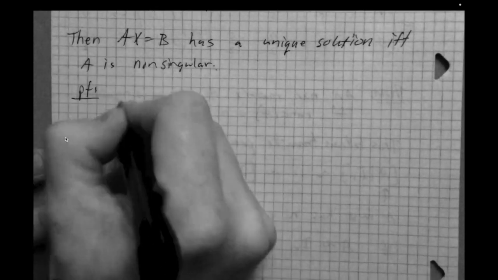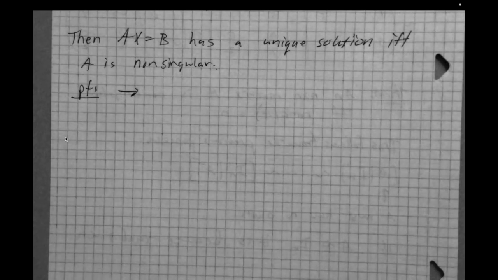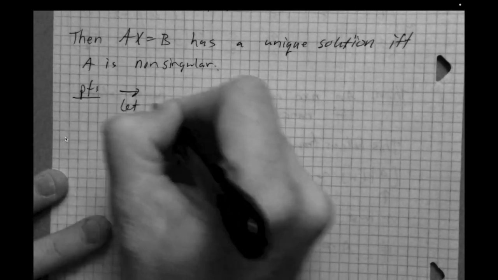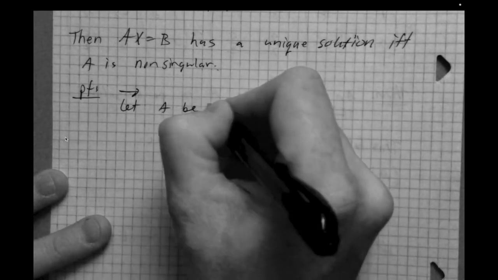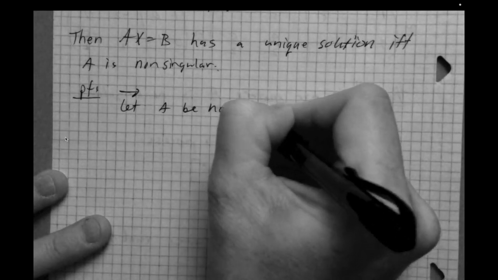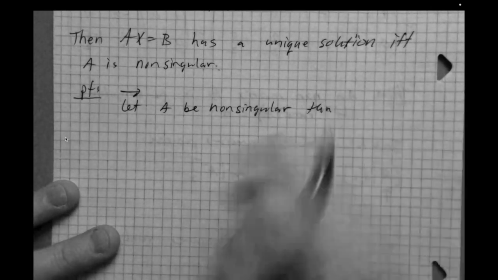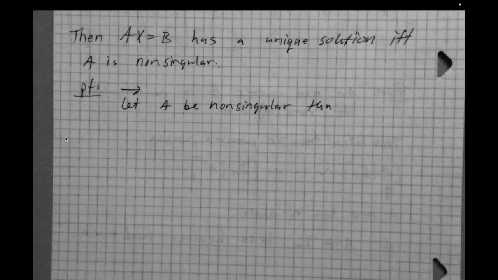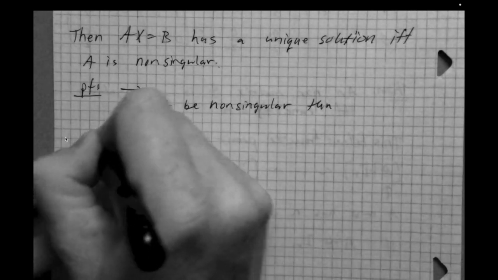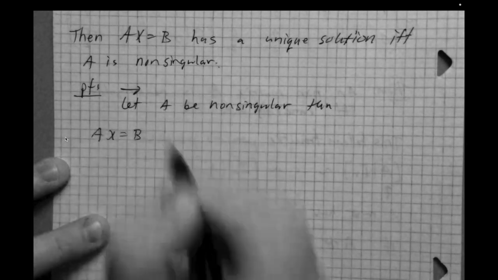First, we'll go this direction. Let A be non-singular. So what happens if A is non-singular? Well, let's start with the system Ax = b.